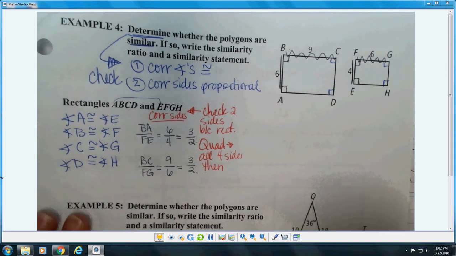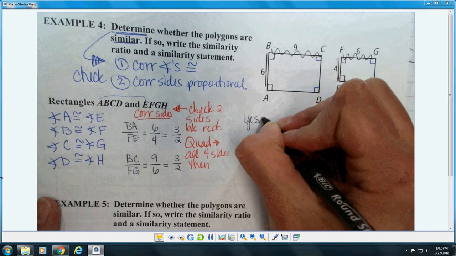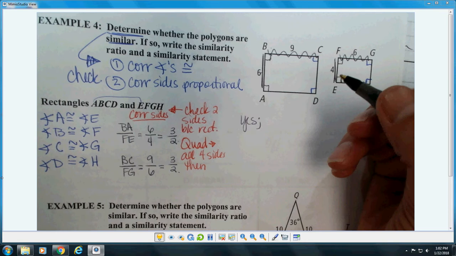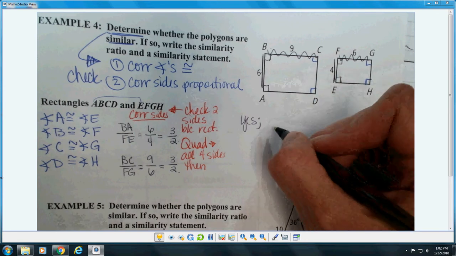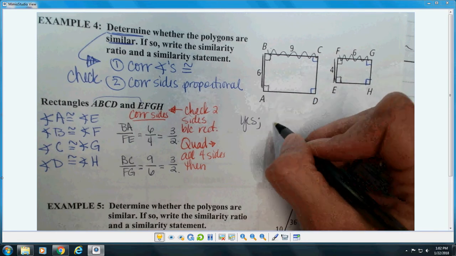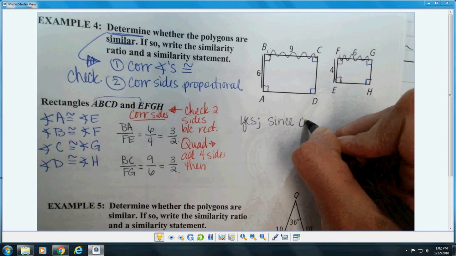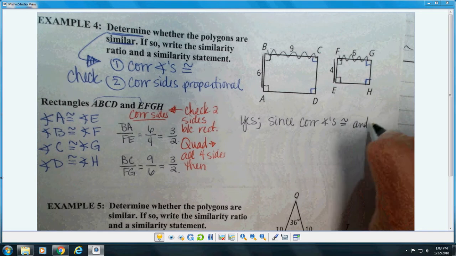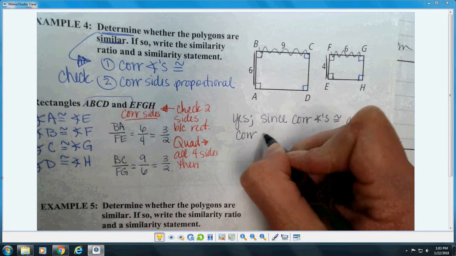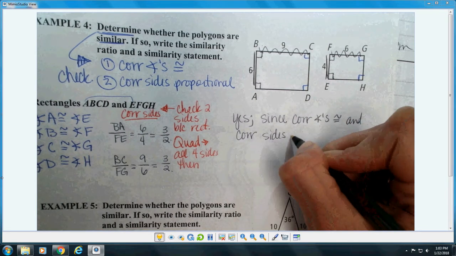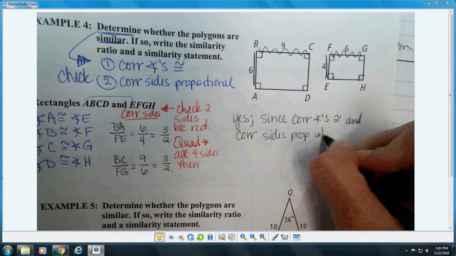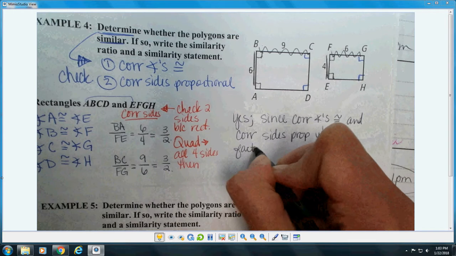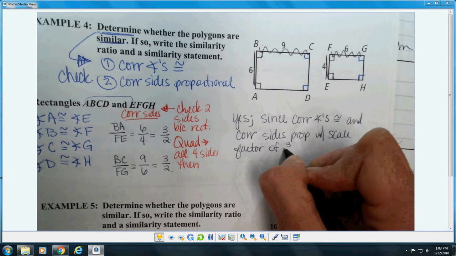Yes. Now I have to write, yes, they're similar polygons. I'm going to say, since corresponding angles are congruent and corresponding sides are proportional with scale factor of 3/2.